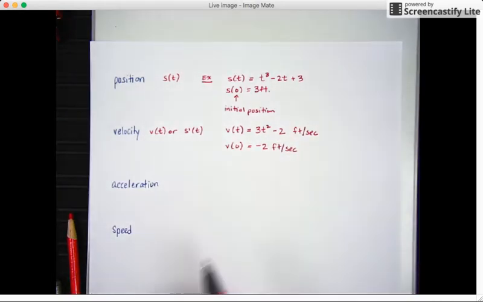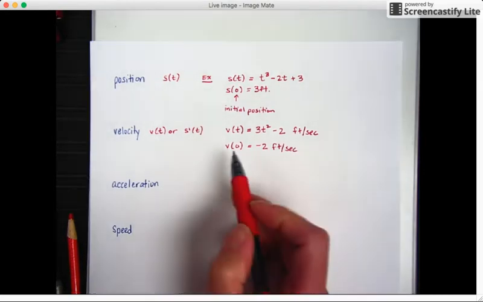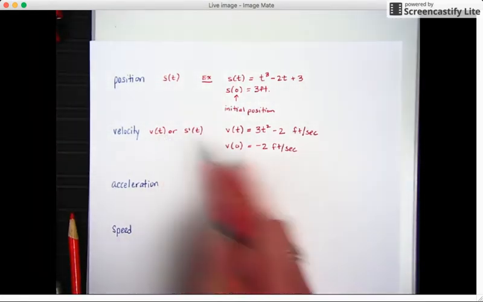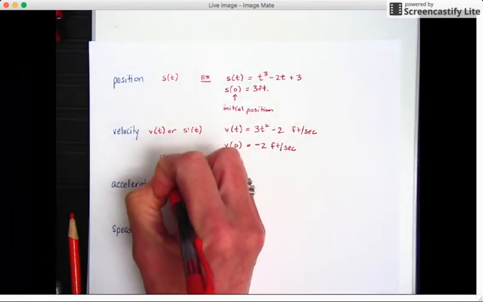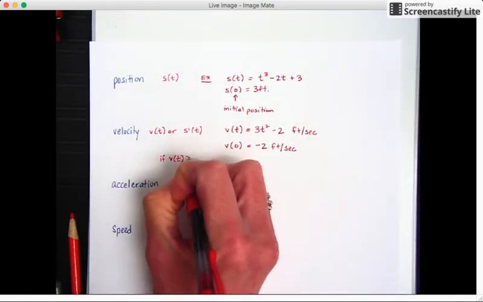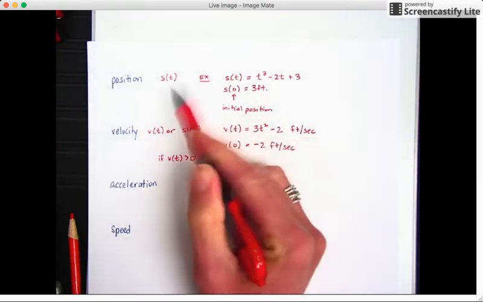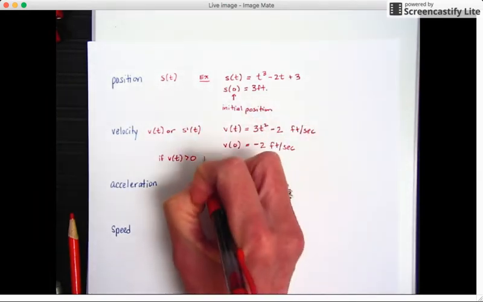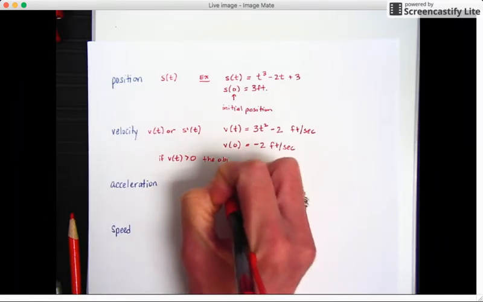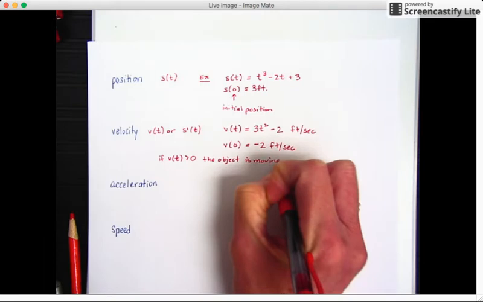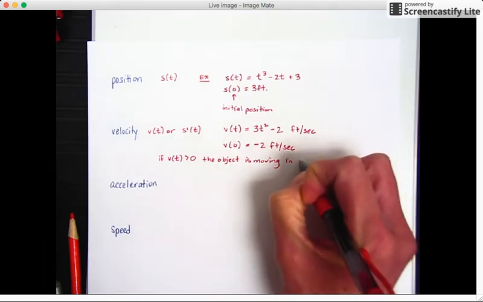So what you also need to understand is if your velocity has a positive value, so if v of t has a positive output, then that means the particle, or in this case the ball, the object, is moving in a positive direction.